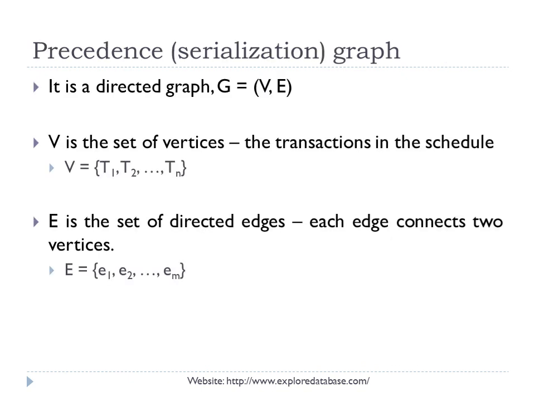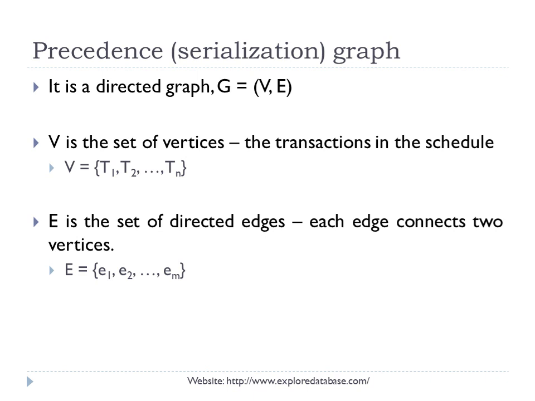A precedence graph is a directed graph G equal to V comma E, where V is the set of vertices. Each transaction in the given schedule is represented as a vertex in the graph.